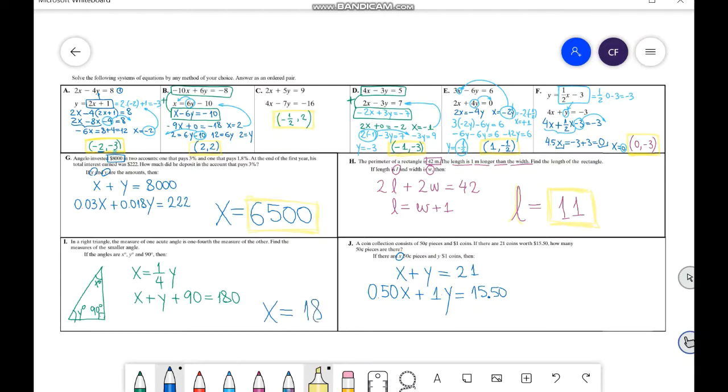The question here is the smaller angle. The smaller angle is 18. The other one is 72. So the answer that we're going to write on the forms is 18. X equals 18. Thank you, Timothy.